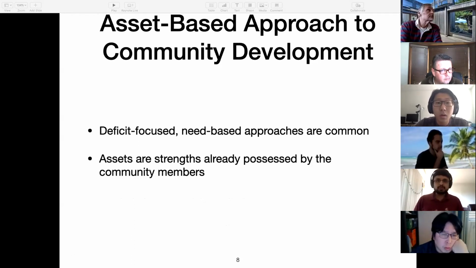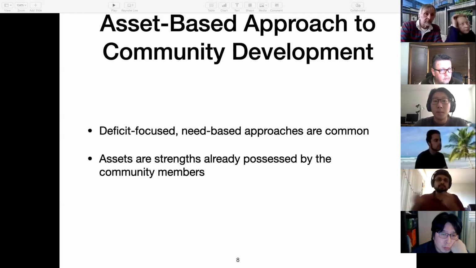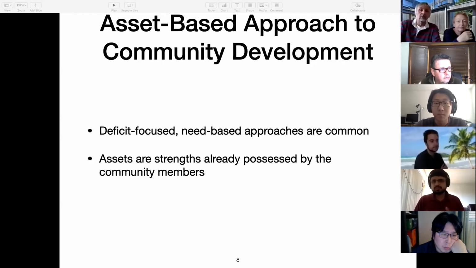In our work, we've been taking an asset-based approach, which focuses on identifying the strengths that the population possesses and trying to build on it to make it more empowering. It stands in contrast to another quite popular approach that focuses on the needs and deficits, which is quite common in international development.